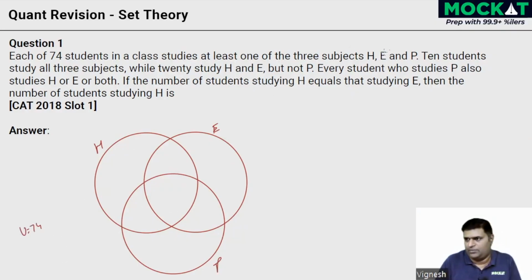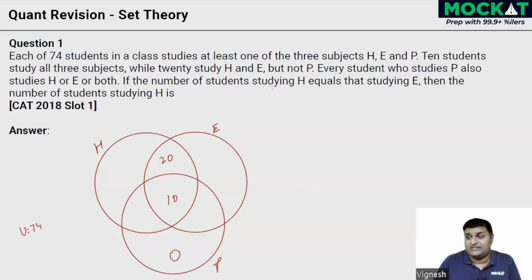The universe is 74. 10 students study all three subjects. While 20 study H and E, but not P. Every student who studies P also studies H, E, or both. So there is nobody over here. Only P is nobody, because anybody studying P is also doing at least one of them. Just P is 0.